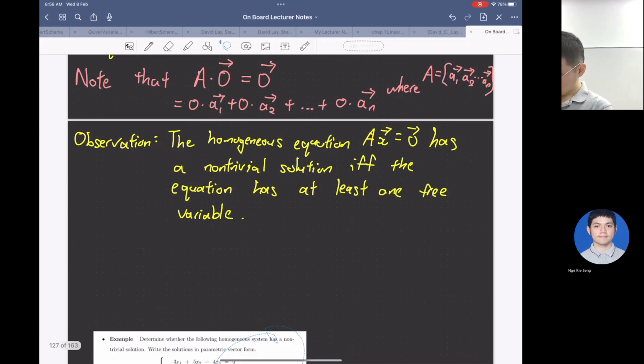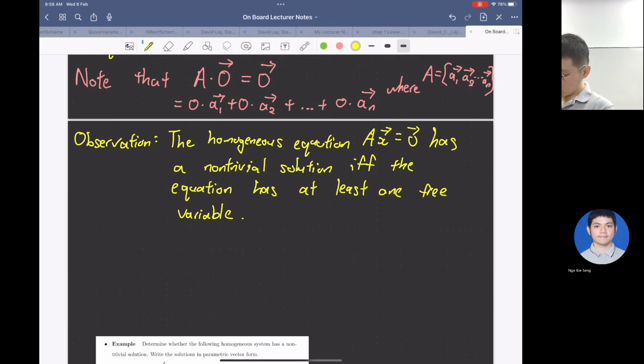Because when you reduce A to row echelon form, what do you get? Let's take an example, the 3 by 3 case.